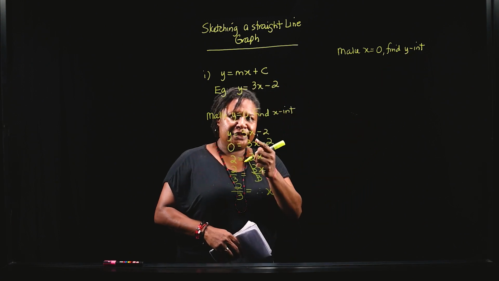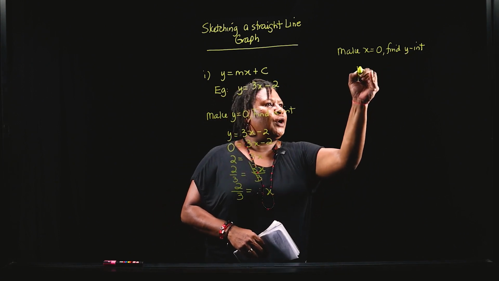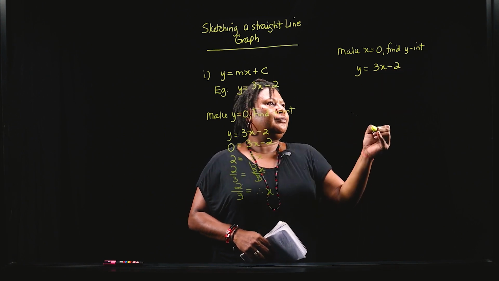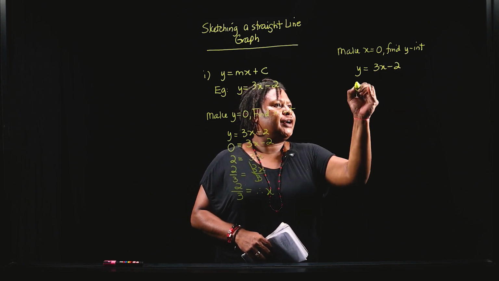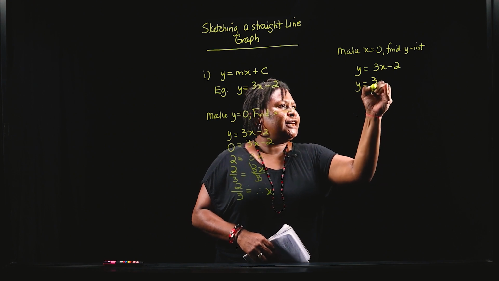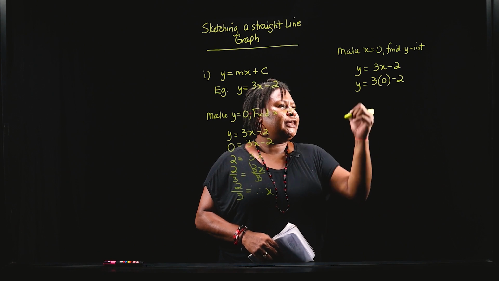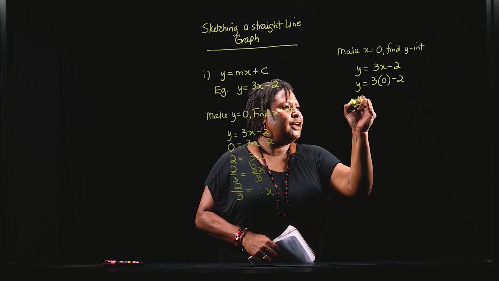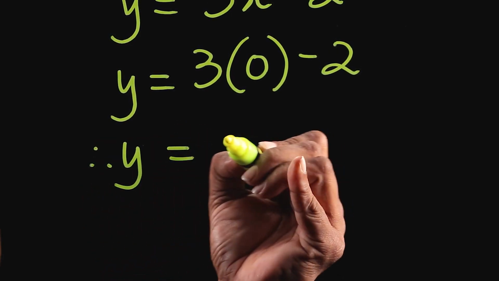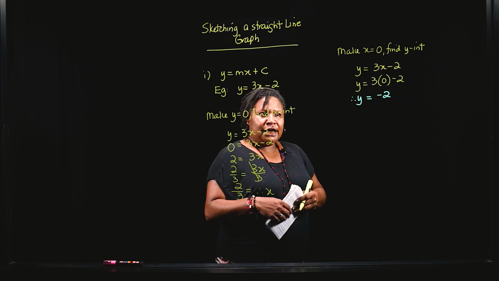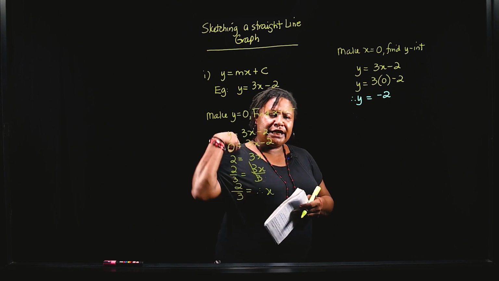Using the same equation, y equal to 3x minus 2, in place of x, we write 0. So 3 times 0 minus 2. 3 times 0 is 0, so y will therefore be equal to negative 2. Now they are coordinates of a point.